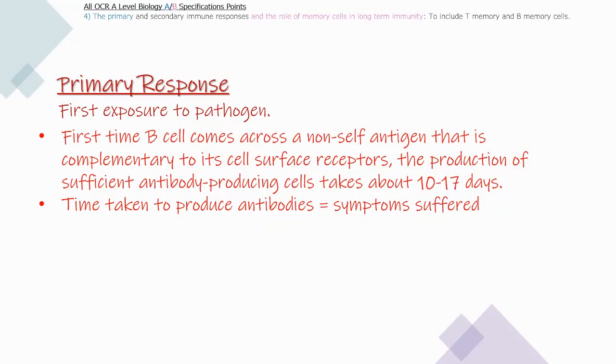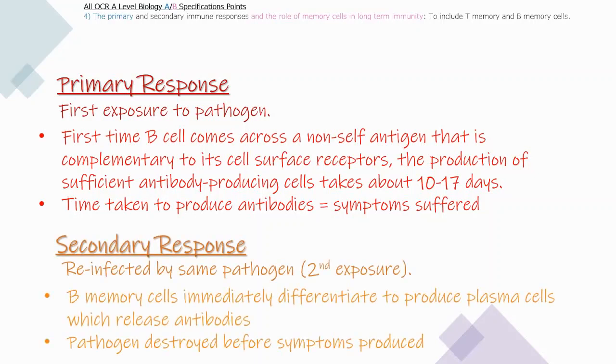So the first time a B cell comes across a non-self antigen that is complementary to its cell surface receptors, this causes the production of sufficient antibody producing cells, and this can take between 10 and 17 days. So due to this taking time to produce antibodies, symptoms are suffered. We then have the secondary response.